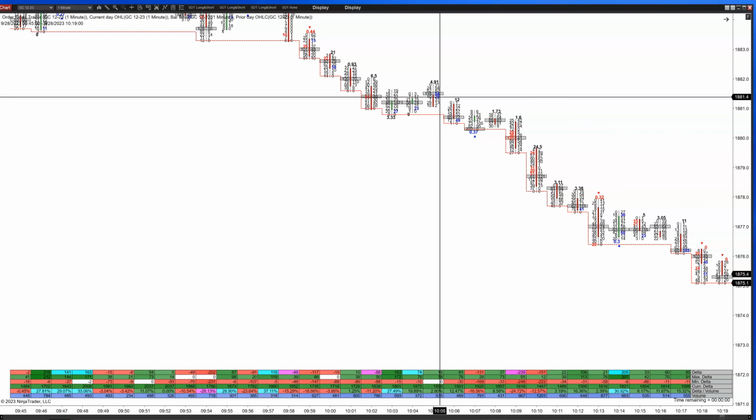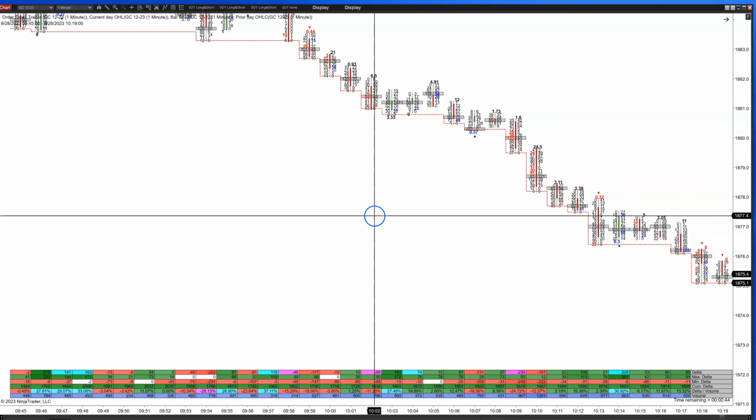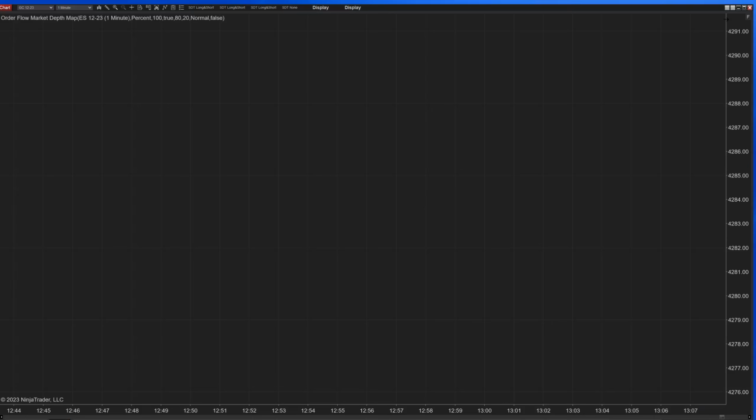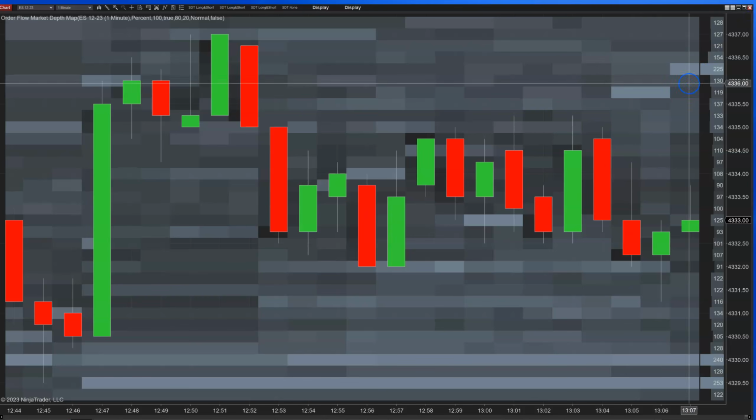Because when we think of passive buyers and passive sellers, we think of what is this in my heat map, right? We think of liquidity above the market, liquidity below the market. But when a market is going down and you're seeing liquidity, basically, offers coming in at the current offer to absorb whatever aggressive buying is taking place, that's important, right?